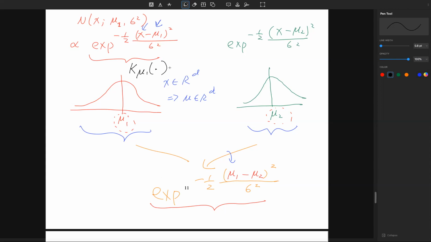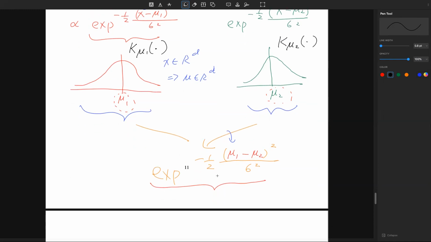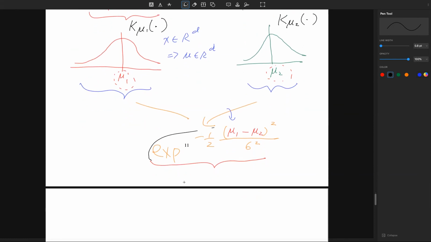And this is a function that is also a member of RKHS, parameterized by mu2. And what's this thing?